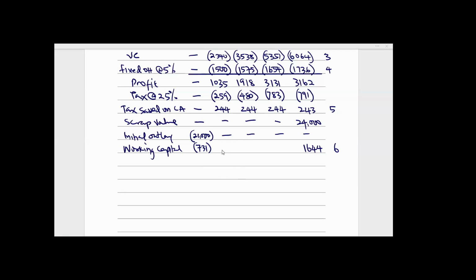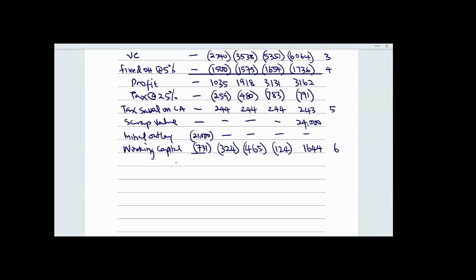Now, what's the second year working capital we computed? The second year, 324. Then 465, then 124. So that's that.